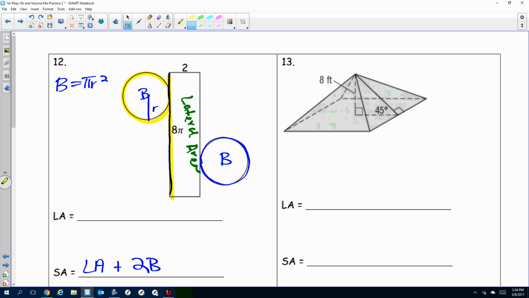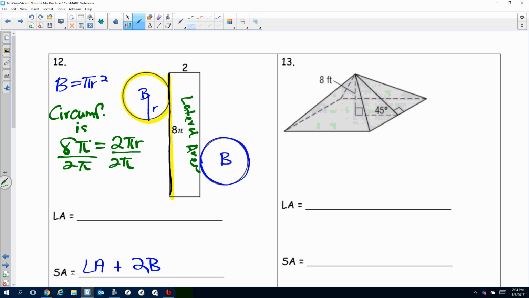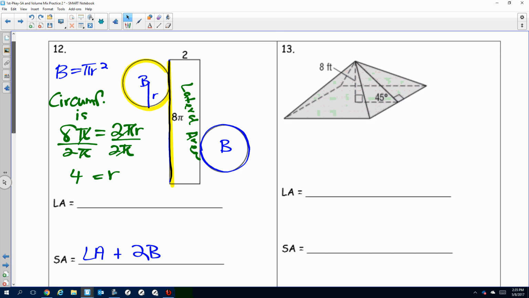Because I know the circumference is 8 pi, then I know it equals the circumference formula, which is 2 pi r. Now I can solve for my radius so I can get my area of my base by dividing by 2 pi. Pi's cancel out. So I know that the radius of my circle is 4. By having that, now I can get to my total surface area because I need that for that part.